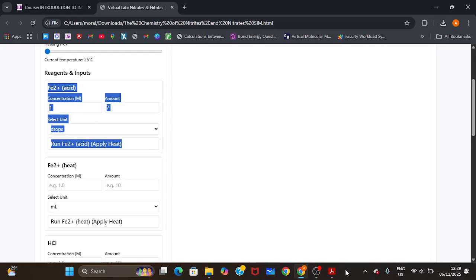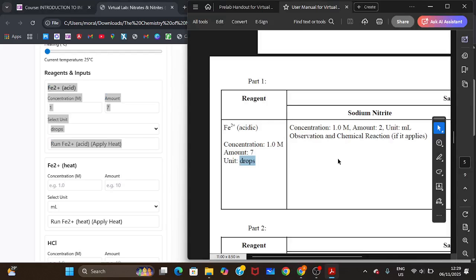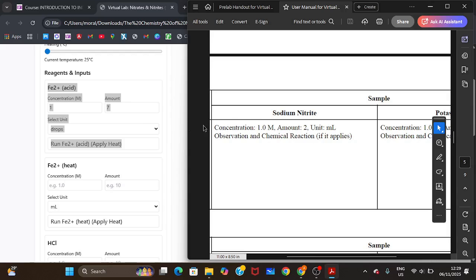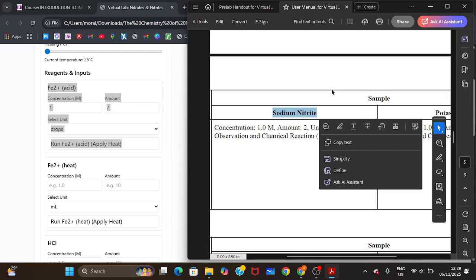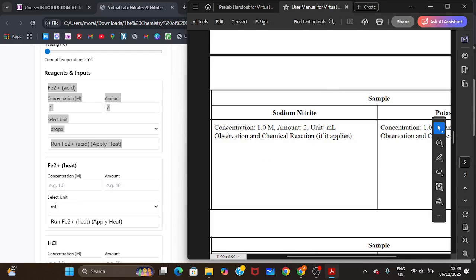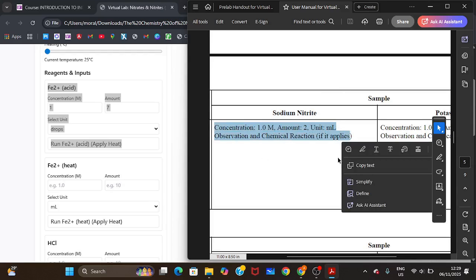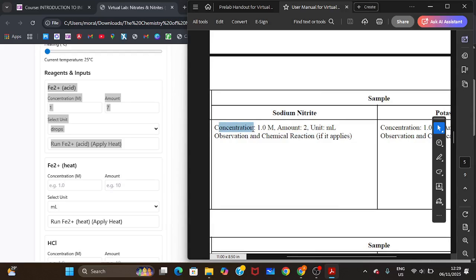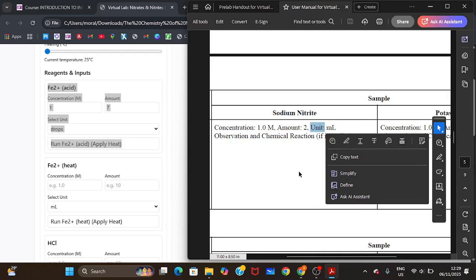Okay. The next piece, if you guys follow the table, you're supposed to react this iron cation in acidic solution against sodium nitrite. Okay, so if you guys look right here under the table, it will let you know the concentration, the amount, and the unit you need the sodium nitrite to be in.